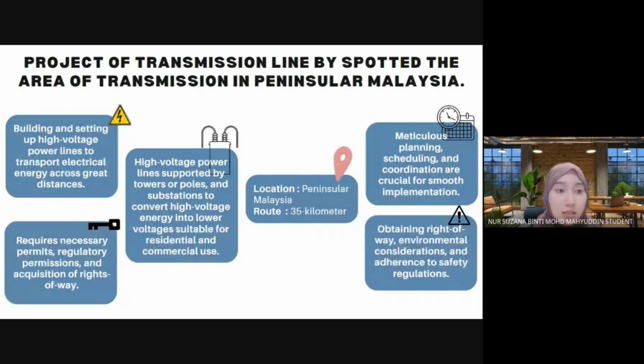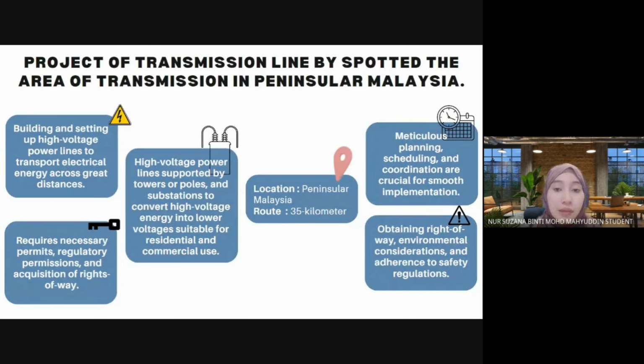And next is components, which is high voltage power line supported by towers or poles, and substation to convert high voltage energy into low voltage for use. And for the third one, which is permit and approval, this requires necessary permits, regulatory permissions, and acquisition of right of way.